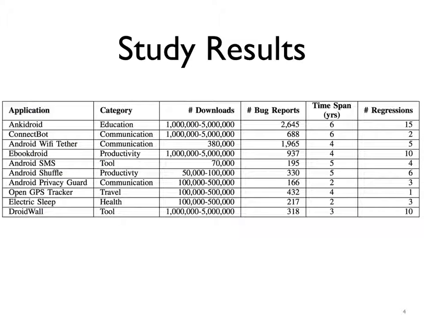In particular, 15 regression bugs are found in Redroid. Note that our analysis may not find all regression bugs in these apps, as we require the bug reports to explicitly mention that the bug is caused by change, such as change to the app's source code, to a library, to app's configuration settings, or to hardware configurations.